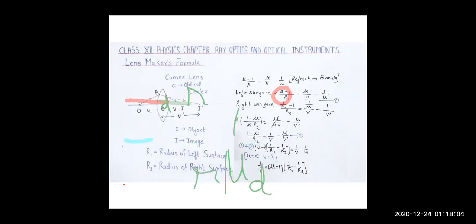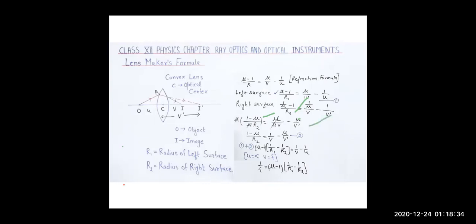So here instead of mu we are going to put 1 upon mu, as the light is now going from denser medium to rarer medium. Okay, so then you can solve this, take LCM, this will be (1 minus mu) upon R2, equals 1 by mu v minus 1 by v'.